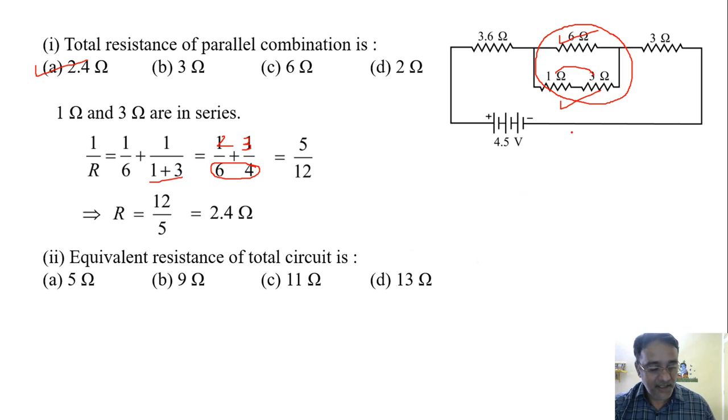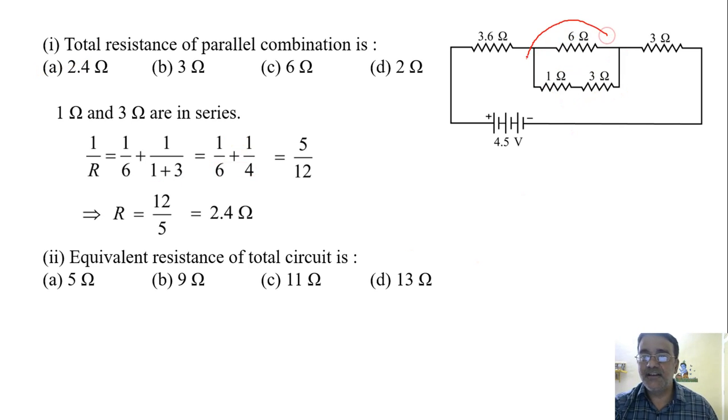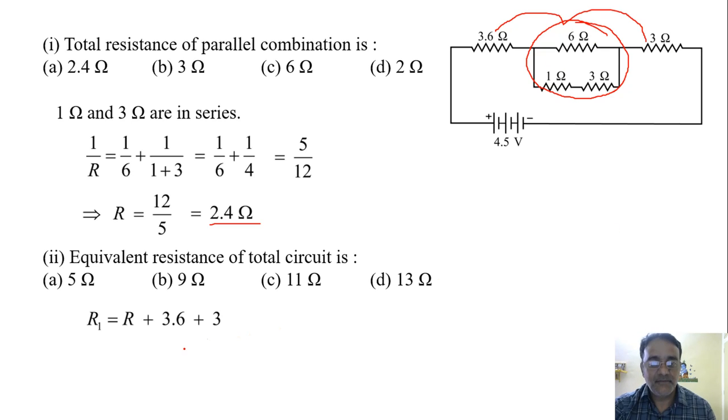And the second question, equivalent resistance of total circuit. So already we got the equivalent resistance of this one, that is 2.4 ohm, and these two are connected in series with this one, so that means we have to add all three. In series we add the total resistance. So 3.6 plus the equivalent resistance 2.4 plus 3, right?